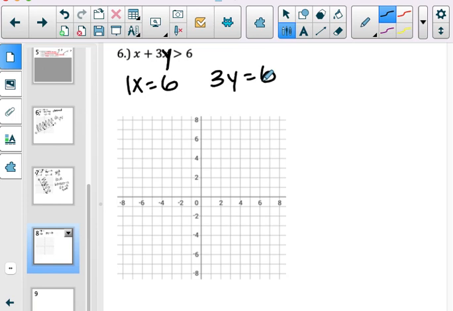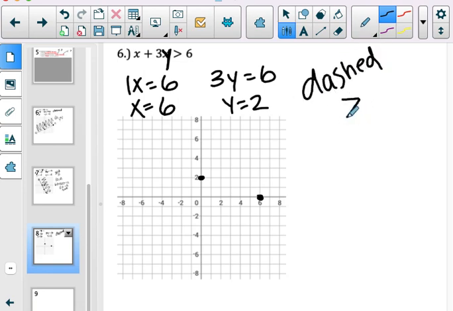What is our x-intercept? 6. 6 divided by 1 is 6. What is our y-intercept? 2. Go to the x-axis. Put a dot at 6. Y-axis, dot at 2. Solid or a dashed line? Dashed. Okay, because it is not equal to. It's setting up a boundary line.